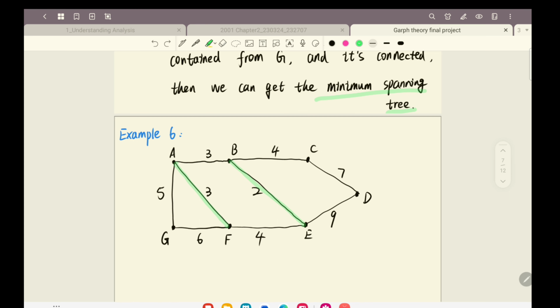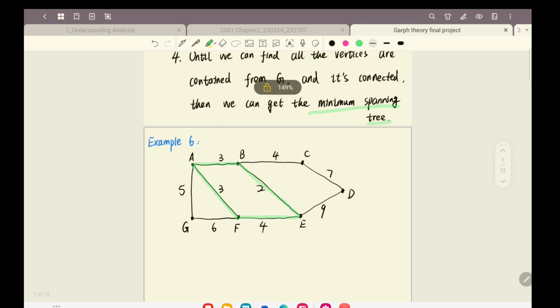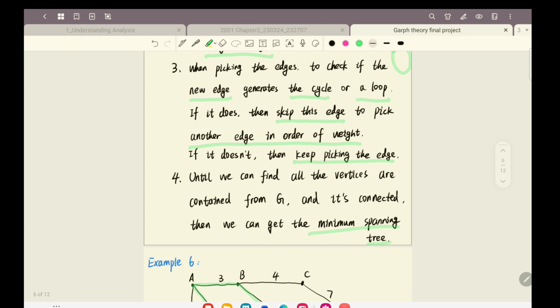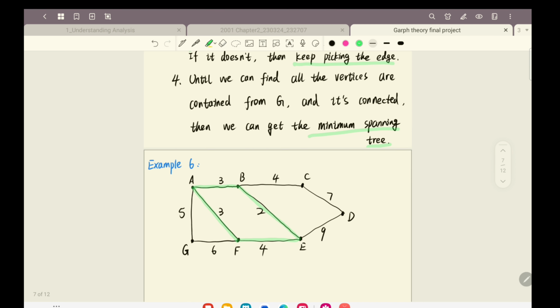So after we found AF, we can find AB. The next part is there's a double 4, so we cannot choose FE because it will make a cycle, right? So that's step 3. We skip this edge to pick another edge in order of weight.